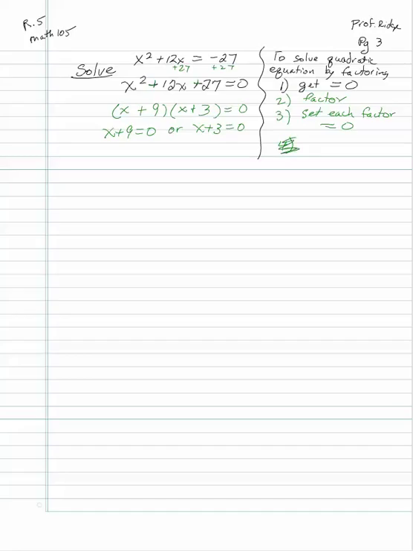Or we can make this 3 steps and solve. So we're going to subtract 9, x equals negative 9, subtract 3, x equals negative 3. So our solution set's negative 9, negative 3. Okay? Alright, so that's solving quadratic equations by factoring.